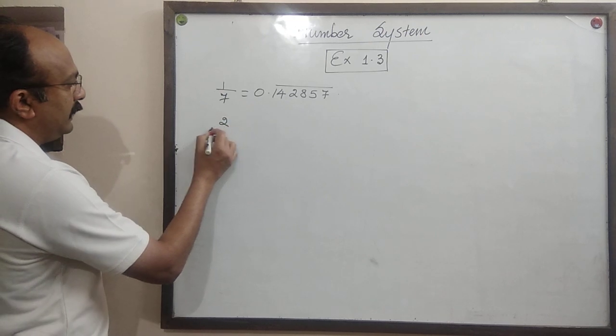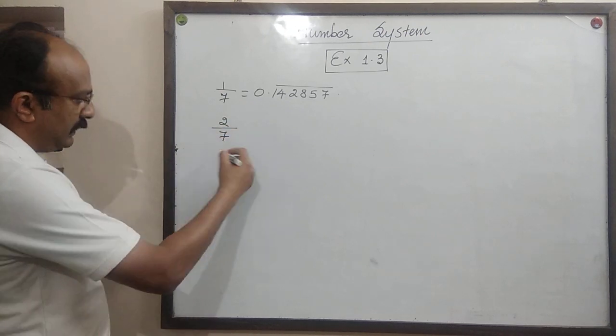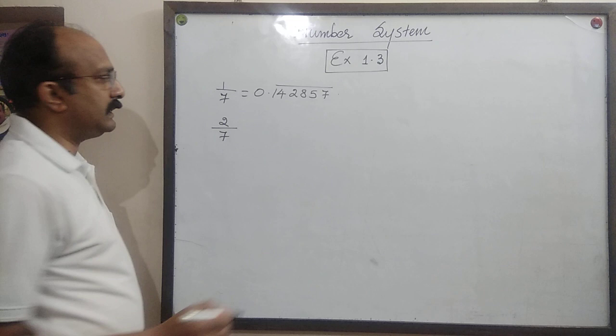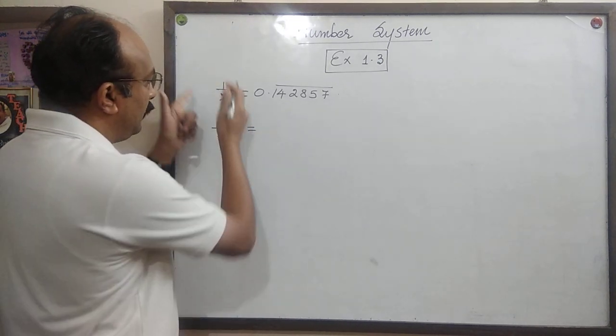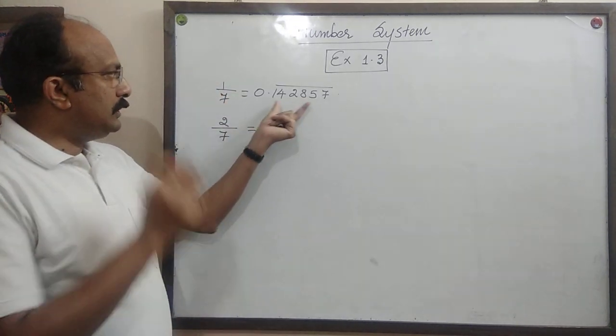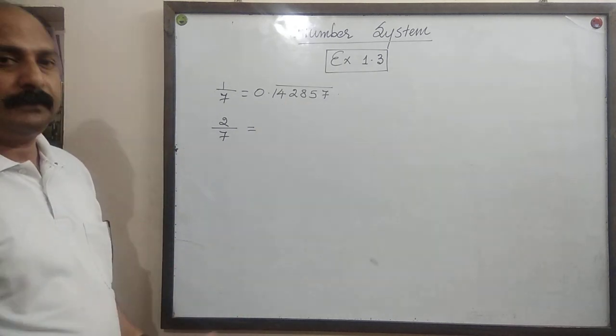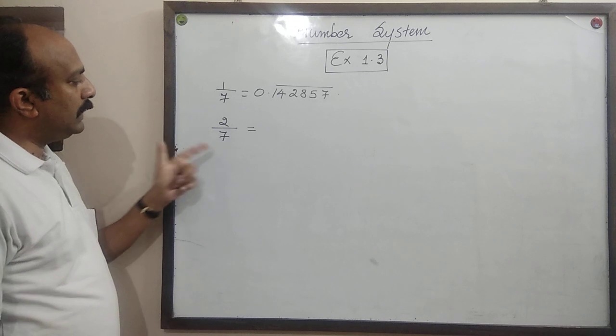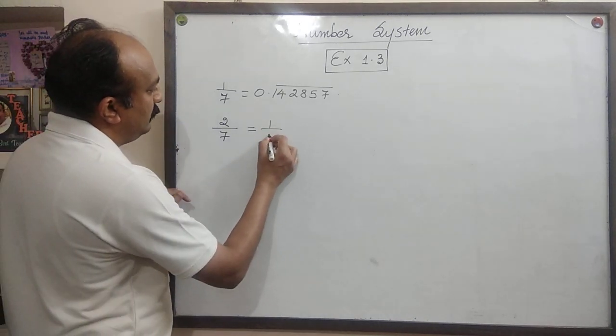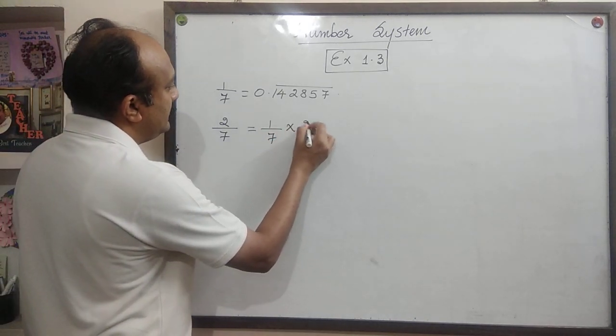You are given the value of 1 upon 7. Now we are asked to find the value of 2 upon 7, 3 upon 7, 4 upon 7, etc. without actual division. Using this value, we have to find the value of 2 upon 7. Yes, we can. We know that 2 upon 7 can be written as 1 upon 7 into 2.